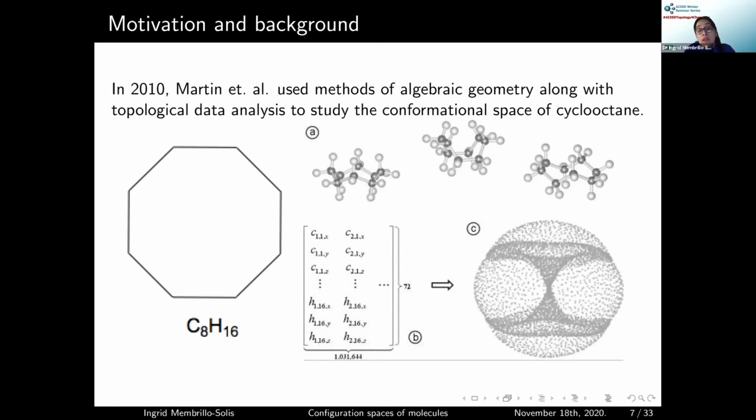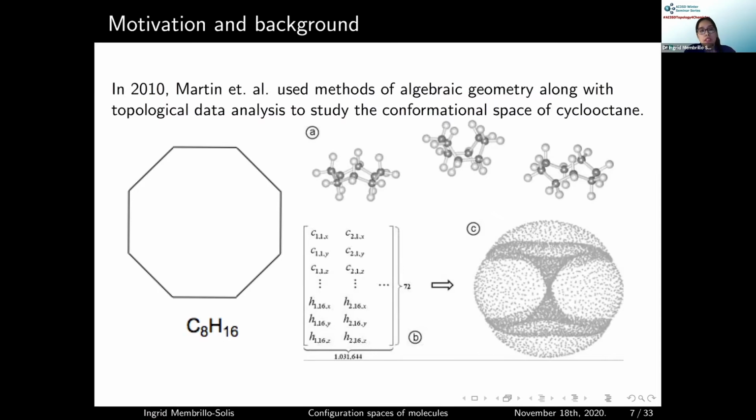Therefore, it cannot be a manifold. This was a very interesting result, so people started thinking that maybe we needed to analyze these conformational spaces in more detail, and one of the ideas was to use the recently developed tool of data analysis, TDA.